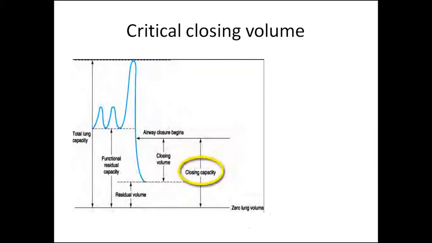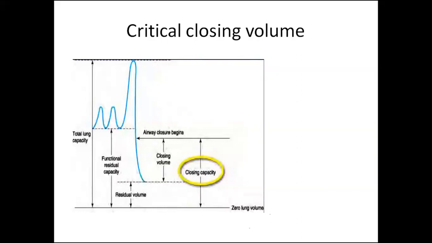This is very much needed in managing parenchymal problem patients, because those are the common children you are going to ventilate. Without this concept of FRC and critical closing volume, you will not understand how to manage them. So again, remember these two volumes. One is functional residual capacity.